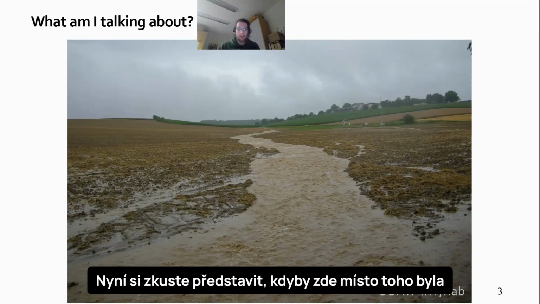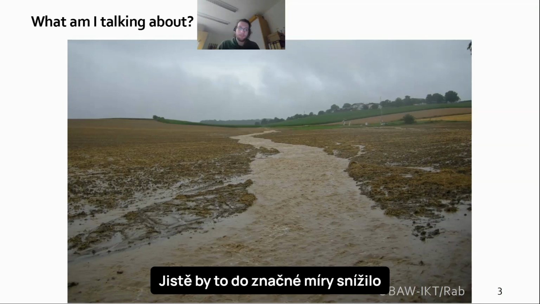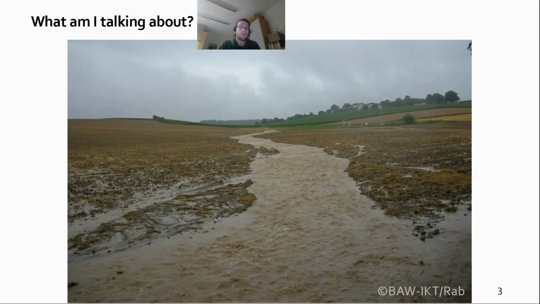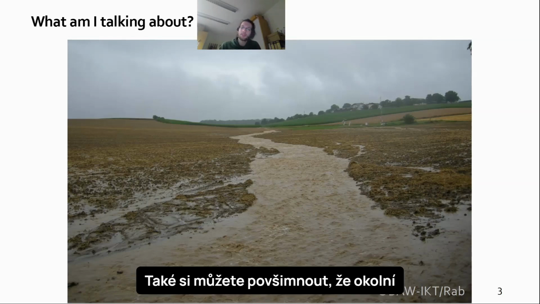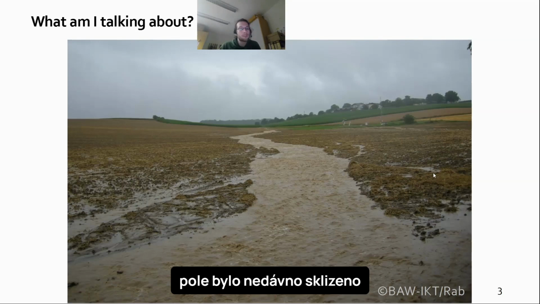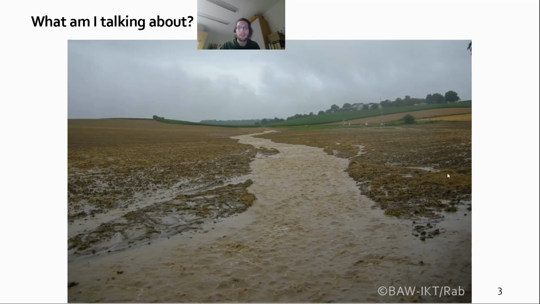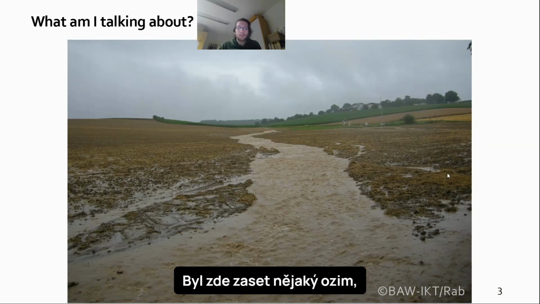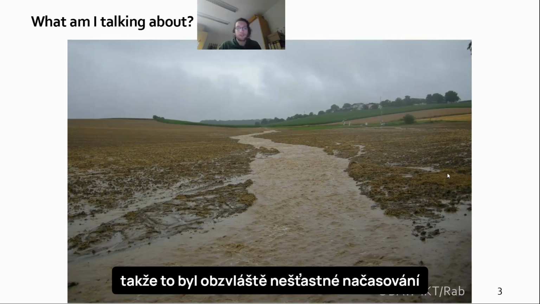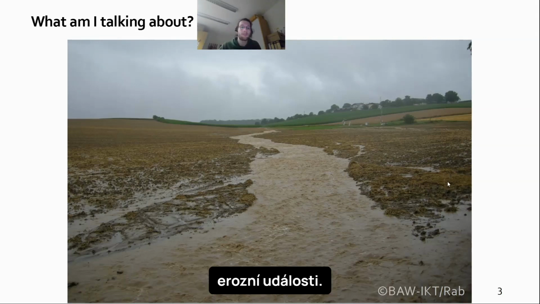And now imagine if there had been a grassed waterway installed here. This would certainly have reduced the soil loss by a large amount. You can also see that the surrounding parts of the field have been harvested and tilled just recently. There was some winter cereal here, so this was an especially bad point in time for this event to happen.